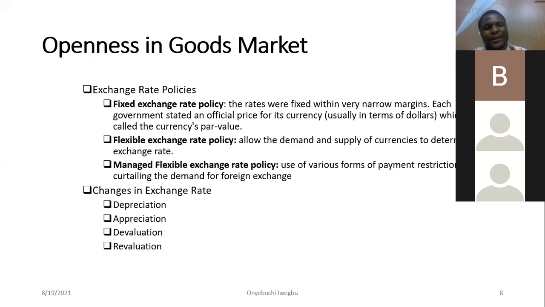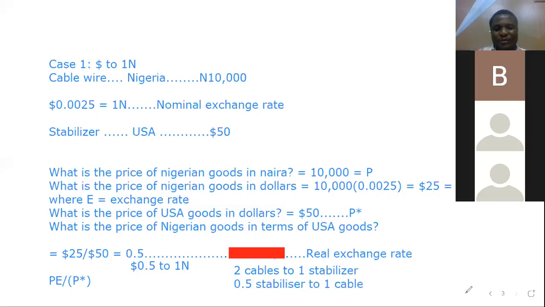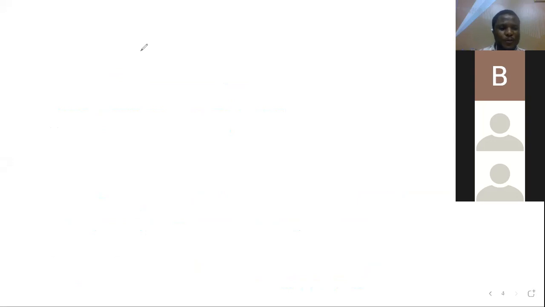So, for example, if we're operating in a flexible exchange rate system, we're allowing the demand and supply of our currencies to determine our exchange rates. Let's take Nigeria, for example, which depends so much on importation. Remember our currency is not convertible. CBN will help us to interface.